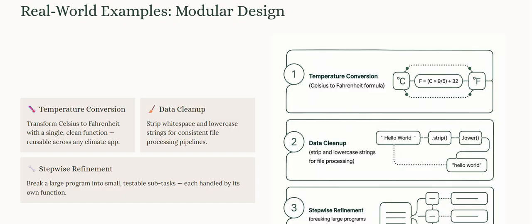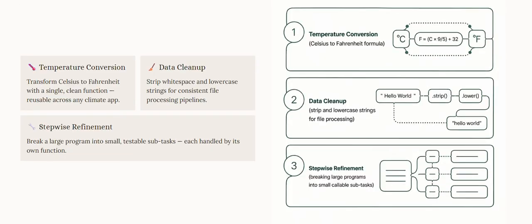You'll be able to see everything stepwise. Temperature conversion, data cleanup, see like this. If you want to remove all the white space and get everything in lowercase, then you get this output.